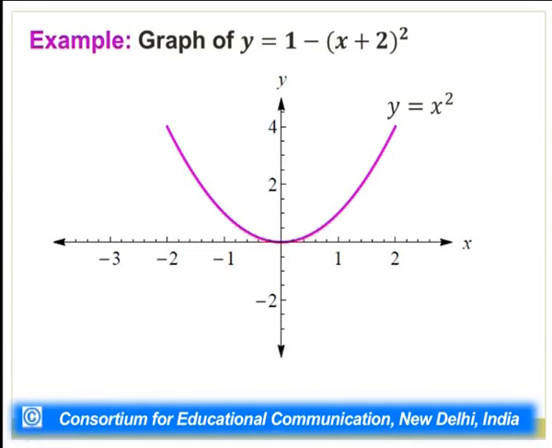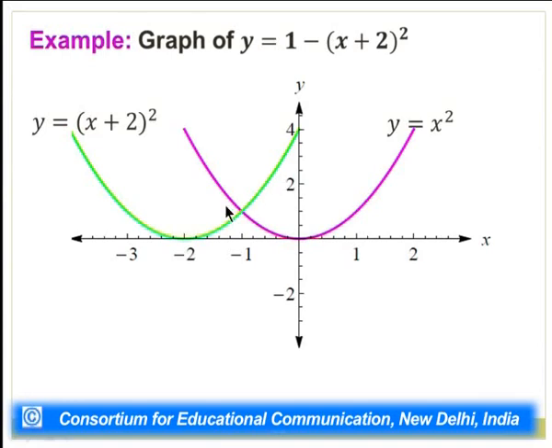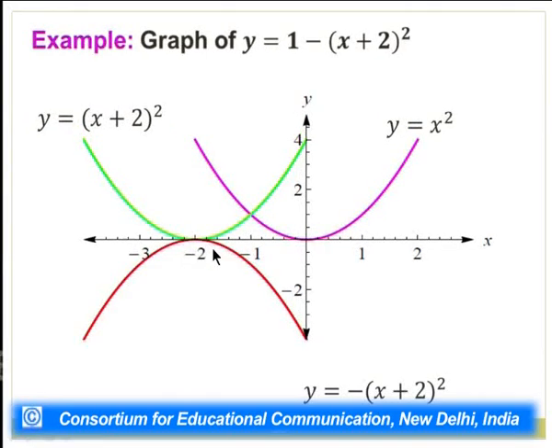Now let's from here obtain the graph of (x plus 2) the whole square. The graph of y equal to (x plus 2) the whole square would just be a leftward shift of the original graph y equal to x square by 2 units, and then we will reflect it in the x-axis to get the graph of y equal to minus (x plus 2) the whole square.